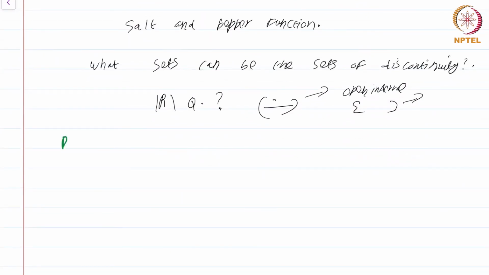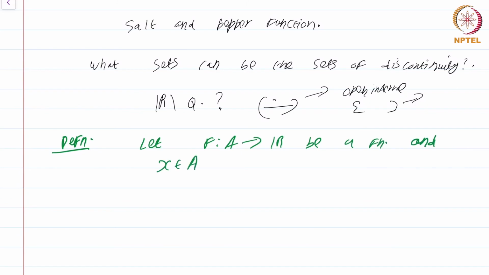Definition. Let f from A to R be a function and x be an element of A. We want to see what happens if f is discontinuous at the point x. We want to somehow quantify the discontinuity.